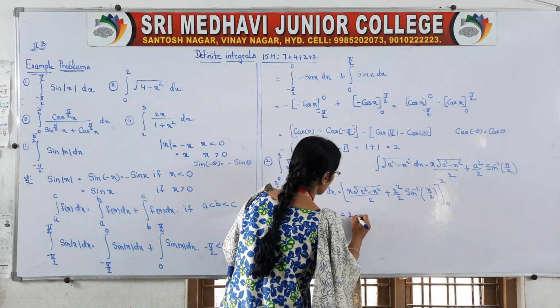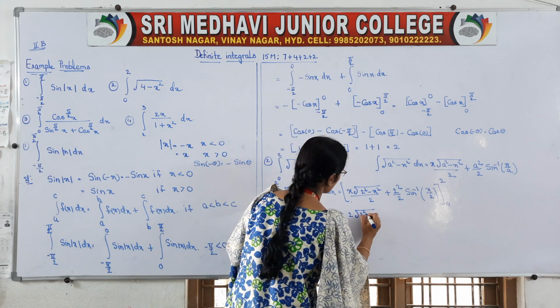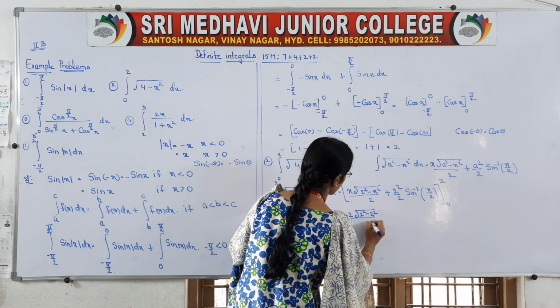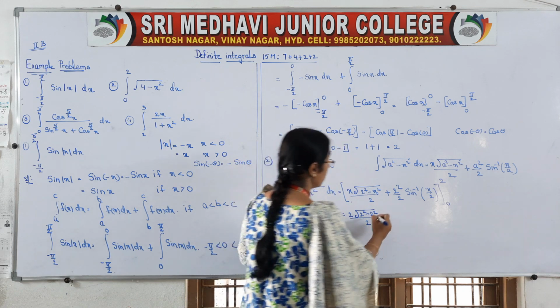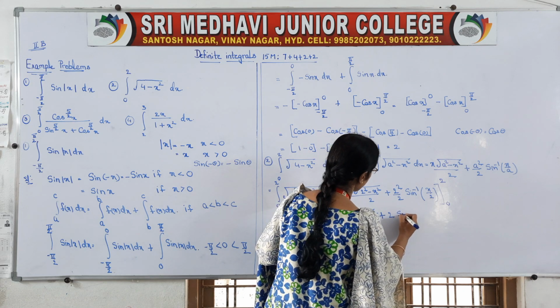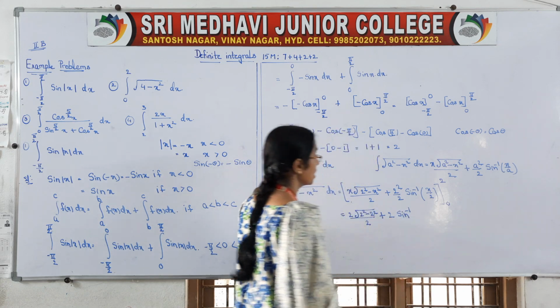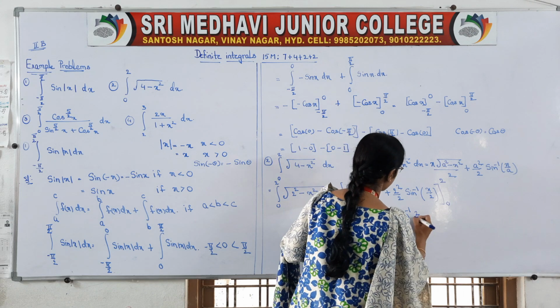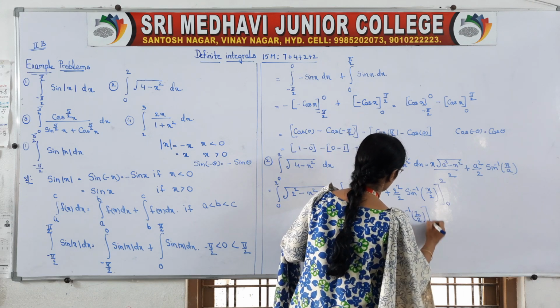So it is 2 into root of 2 square minus 2 square by 2, plus 2 square by 2, meaning only 2 will be there, and sine inverse of 2 by 2. So the upper limit is over.